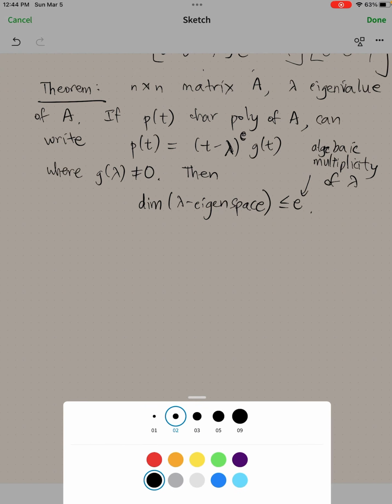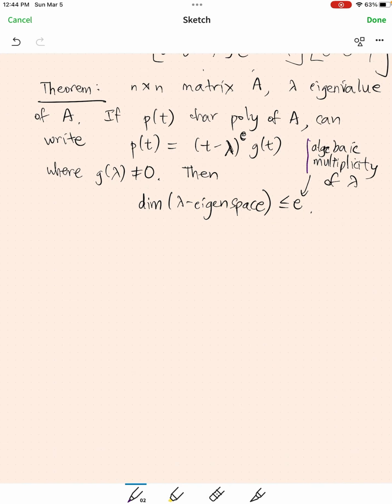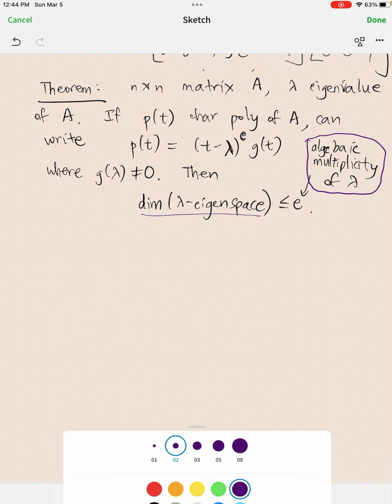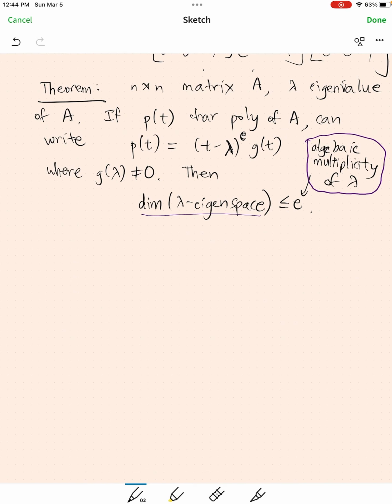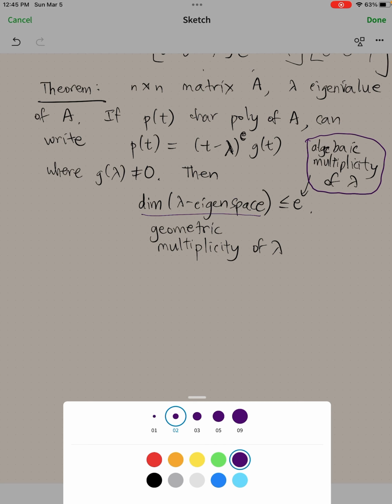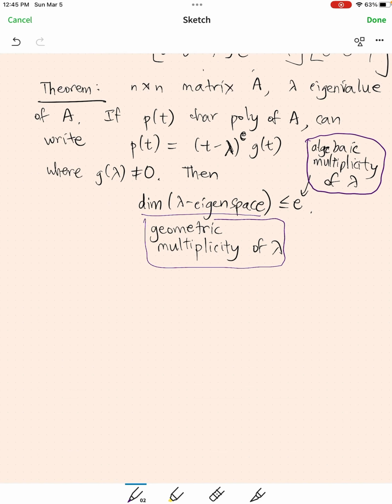So let's use that terminology. And the dimension of the eigenspace, that's sometimes called the geometric multiplicity of lambda. Okay. So the geometric multiplicity is always less than or equal to the algebraic multiplicity.